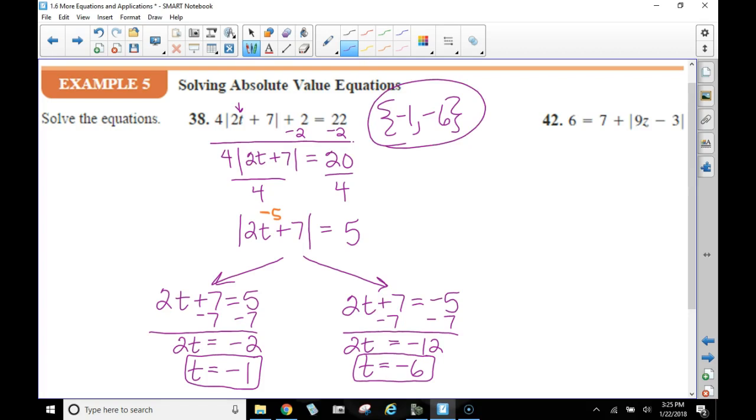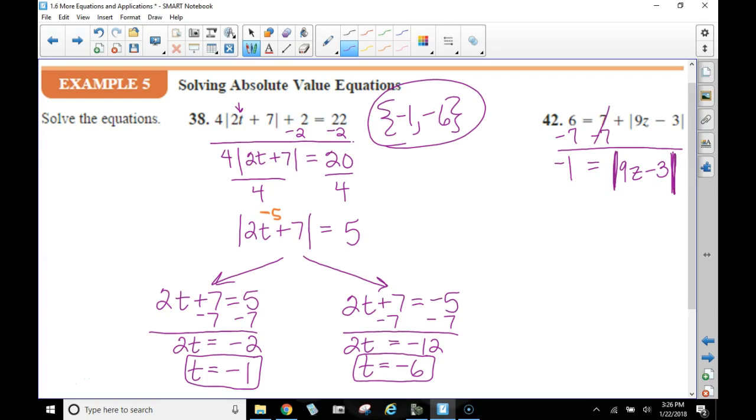Over here on number 42, the first step is to isolate the absolute value. So I'm going to get that done by subtracting 7 from both sides. 6 minus 7 is negative 1. Negative 1 equals the absolute value of 9z minus 3. Now think about it, y'all.